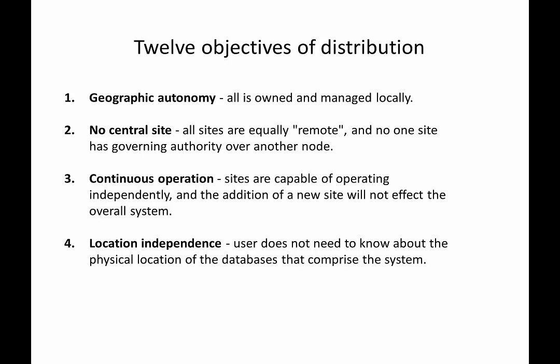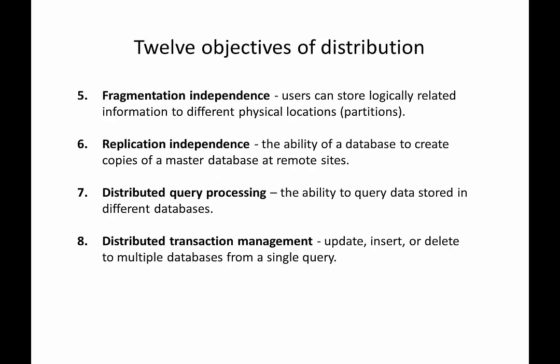When it comes to duplication of data, that's clearly more directly relevant. Location independence: the users don't need to know where the data is actually stored, they just need to know how to get hold of it.